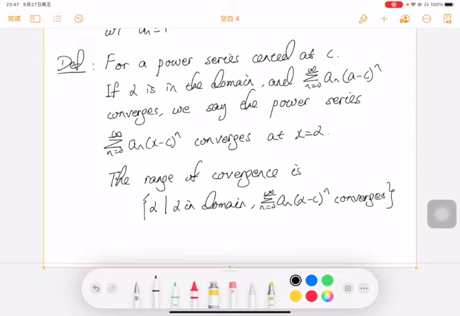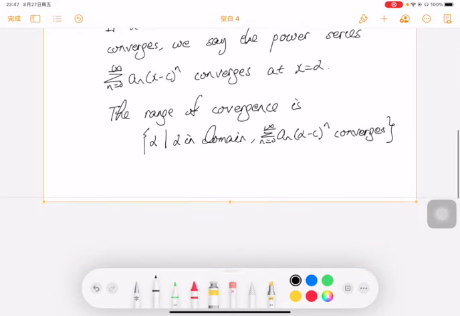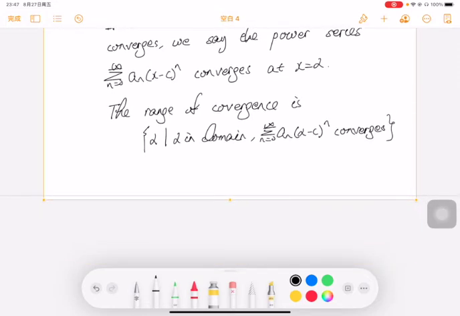All of this just says that the range of convergence is all the points in the domain where the power series converges. Okay, and then we can talk about the convergence theorem.